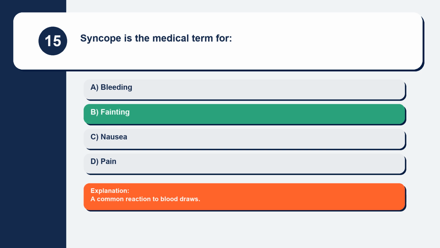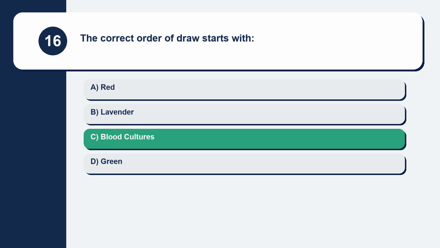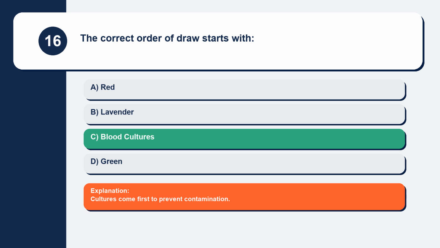A common reaction to blood draws. Question 16. The correct order of draw starts with red, lavender, blood cultures, green. Cultures come first to prevent contamination.